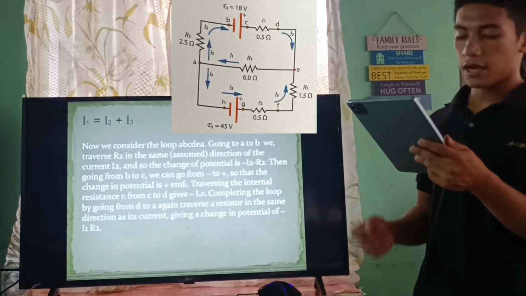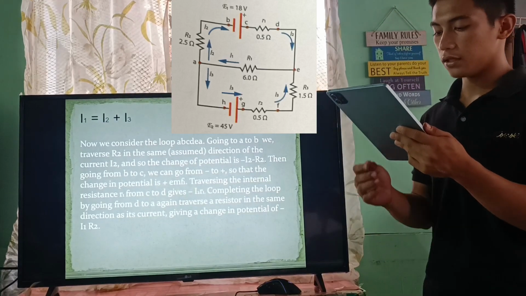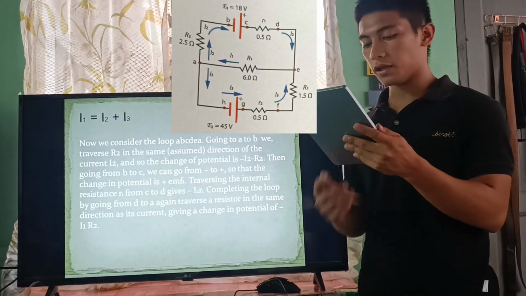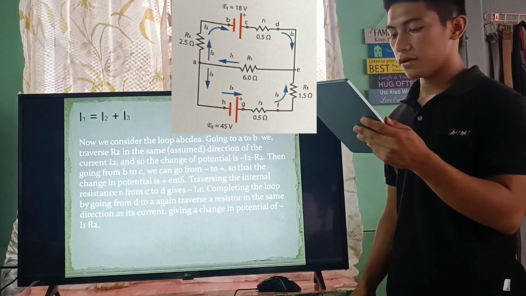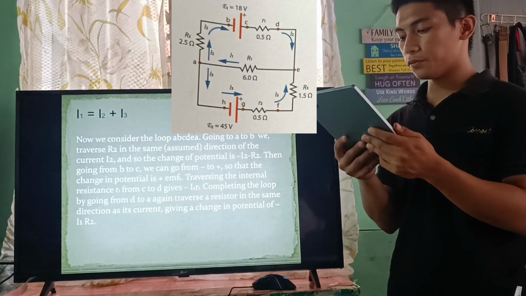Applying the junction rule at E produces exactly the same equation, so no new information is obtained. This is a single equation with three unknowns. Three independent equations are needed, and so the loop rule must be applied.